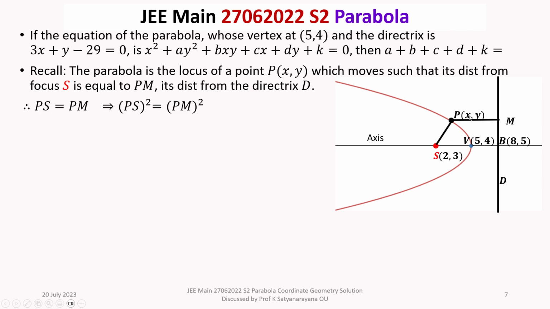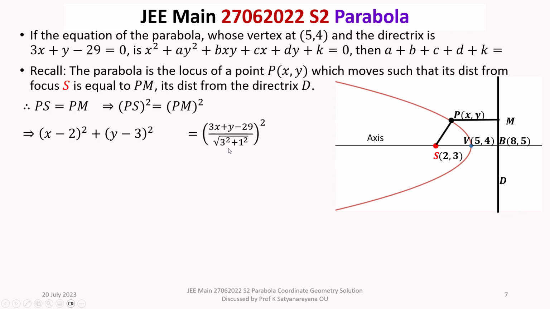So PS square is (x minus 2) whole square plus (y minus 3) whole square. And PM is the perpendicular distance from (x, y) on 3x plus y minus 29. So this is equal to (3x plus y minus 29) by under the square root of 3 square plus 1 square. That is the perpendicular distance. PM square is this one. So this is PS square.